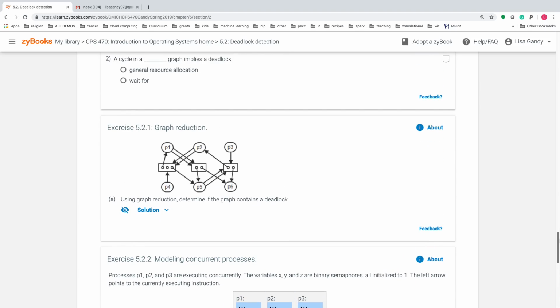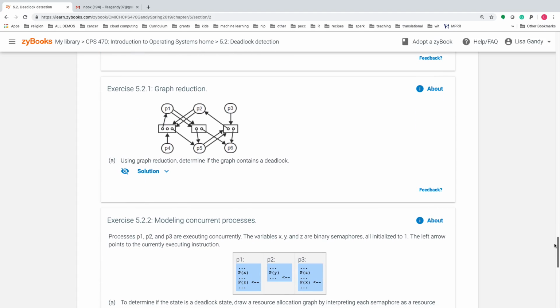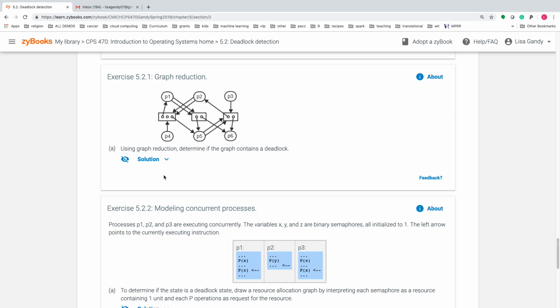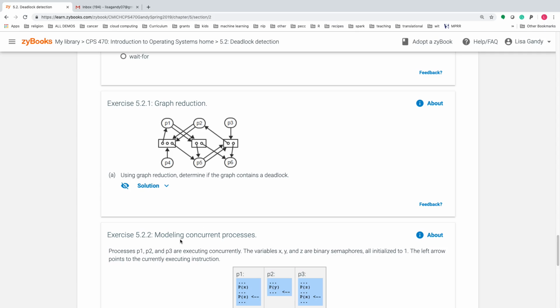Let's see if there's anything here we want to do. What's our time? We have 20 minutes. Let's just work on 5.21 for practice. Sure. And that's using graph reduction to determine if this graph contains a deadlock. 5.21 is the exercise.